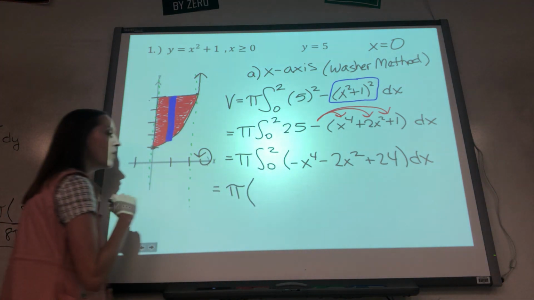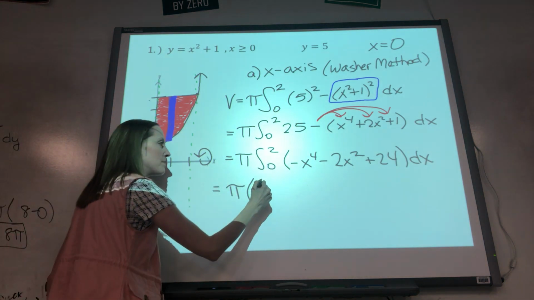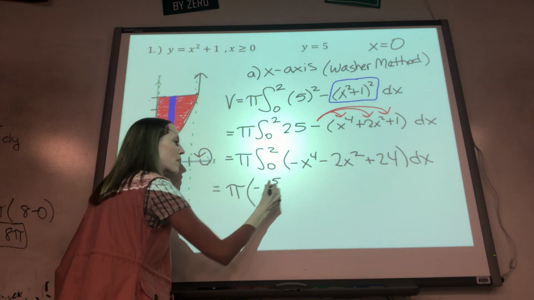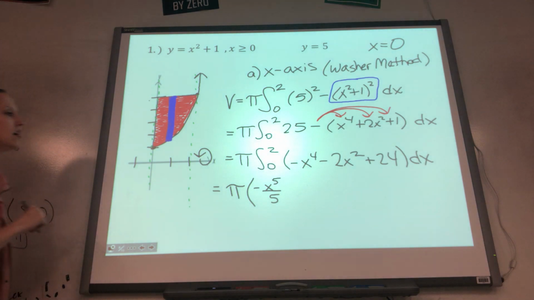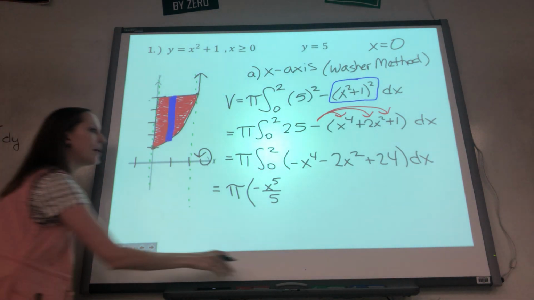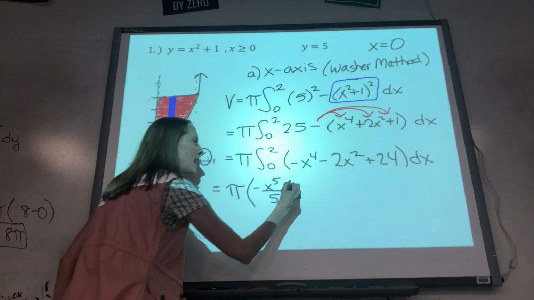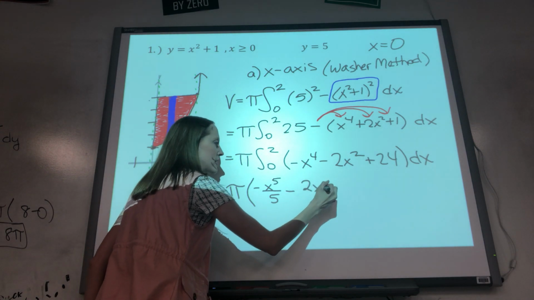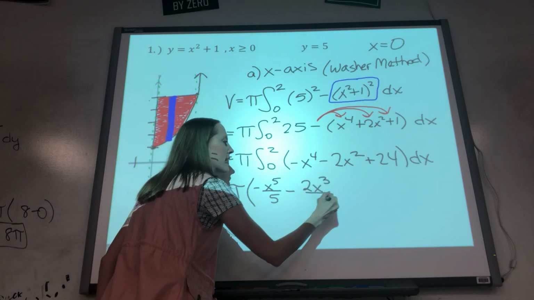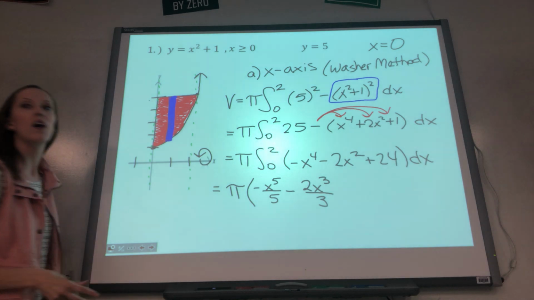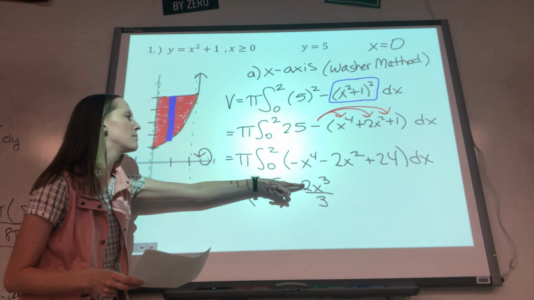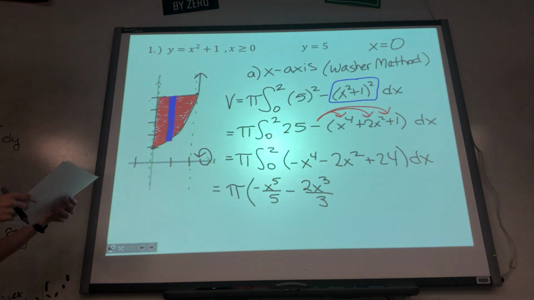So here we go. Keeping pi out front, I'm going to add 1 to my power, put my new power on bottom. Same with the next part. You can keep the 2 out front, or you can do what I did and put it up with the x cubed.